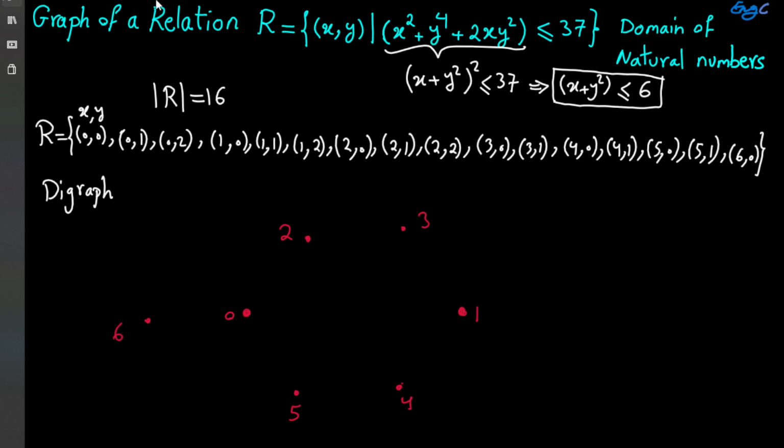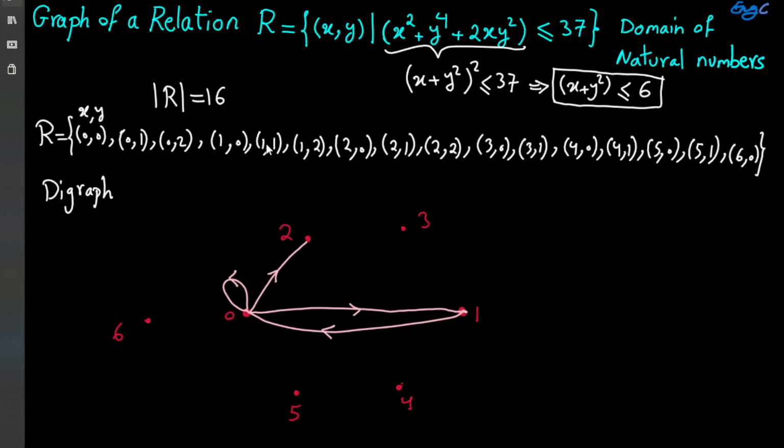Now the connections. First, we have 0 to 0, so there is a self loop on 0. That's good. Then we have 0 to 1, so a connection like this. Then 0 to 2, a connection like this. That's an edge. Then we have 1 to 0, which means a connection back, so it's a two-way or bidirectional connection.